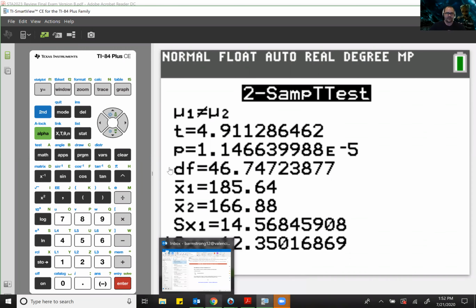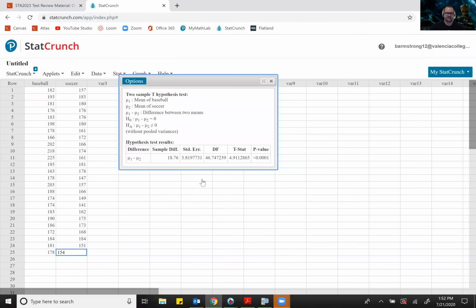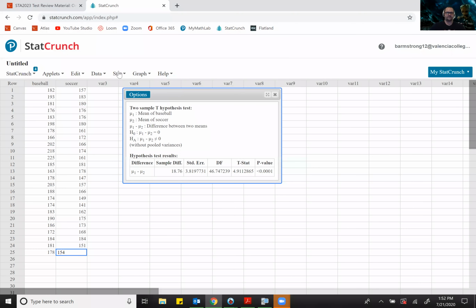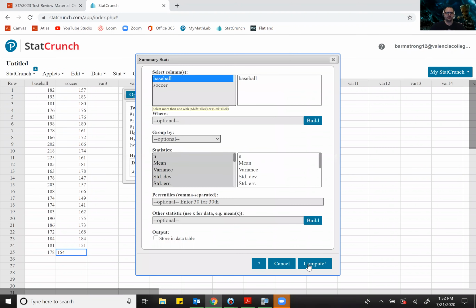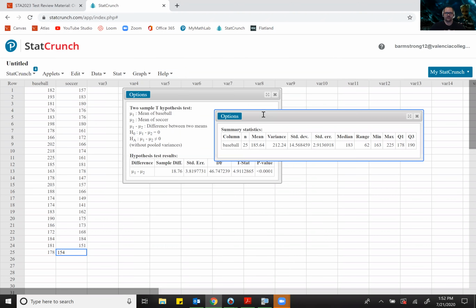It doesn't tell me what they are, but if I did Stat, Summary Stats, Columns, compute, so 85.64, 85.64, good. And let me just check the other one.